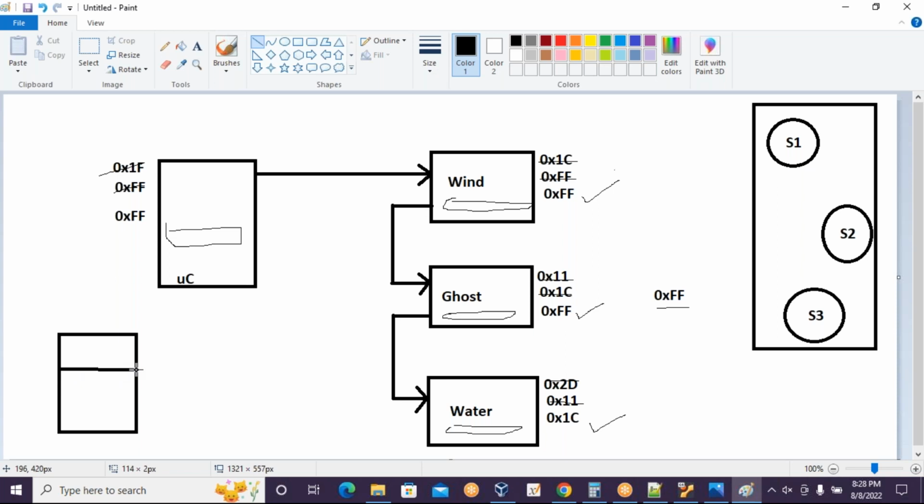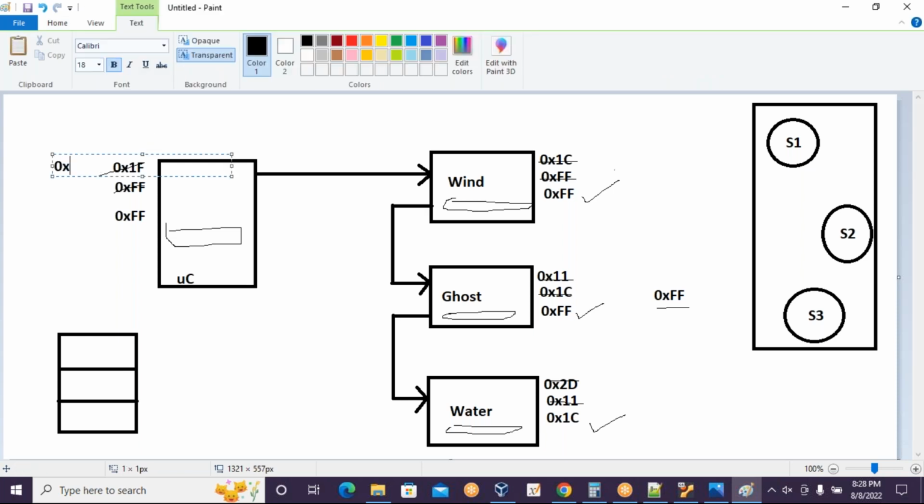So how are we going to achieve this? Usually we go with an array. So after I go with an array, let's say initially the same thing. The master shift register is having 0x1f. This slave is having 0x1c.